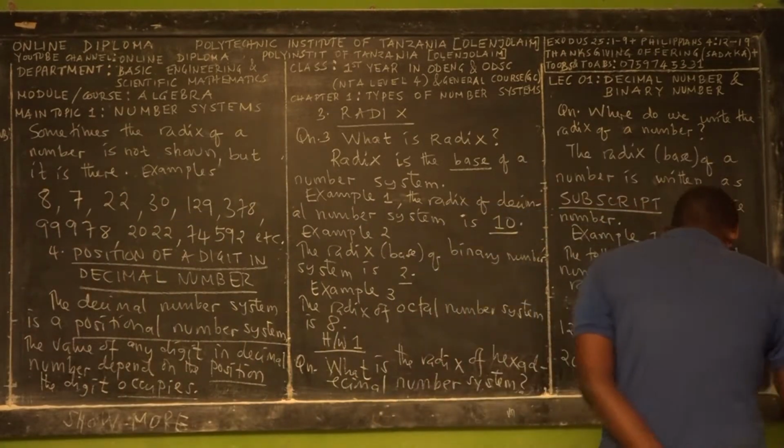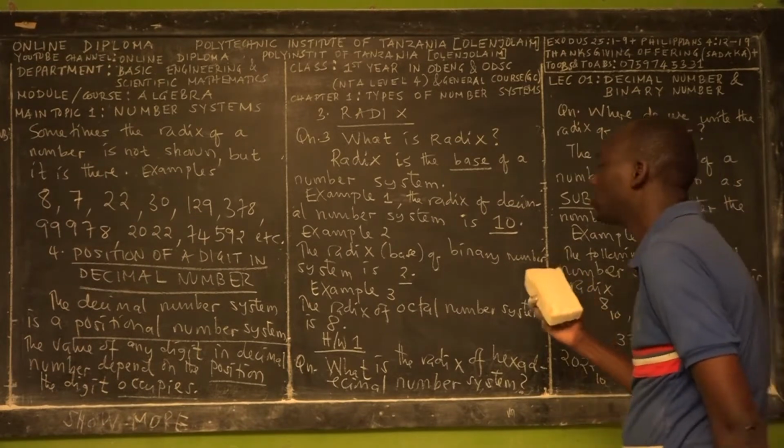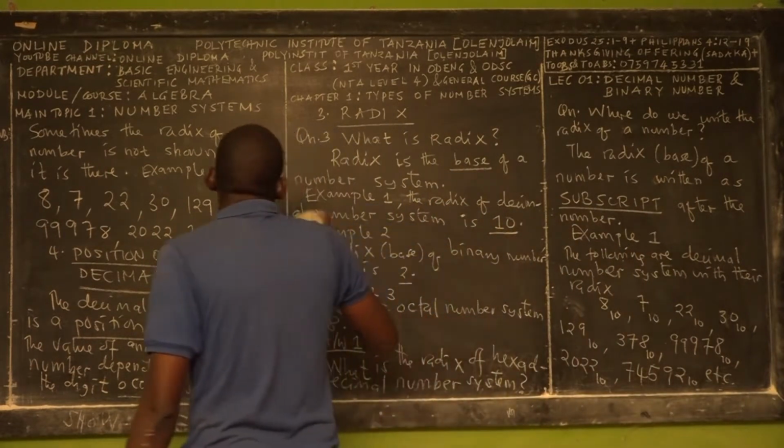So the value of any digit in a decimal number depends on the position the digit occupies.